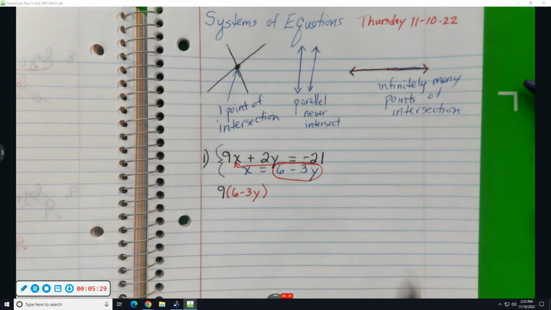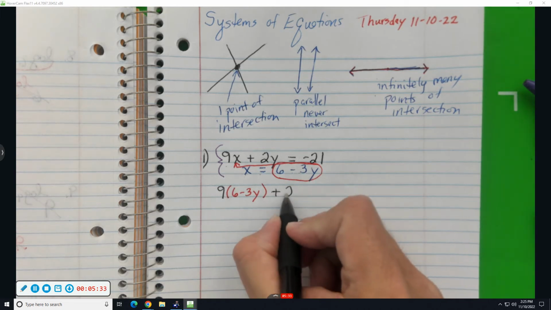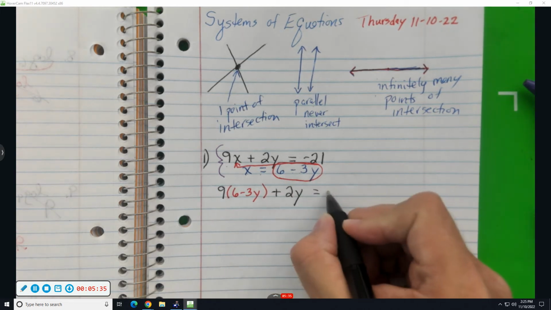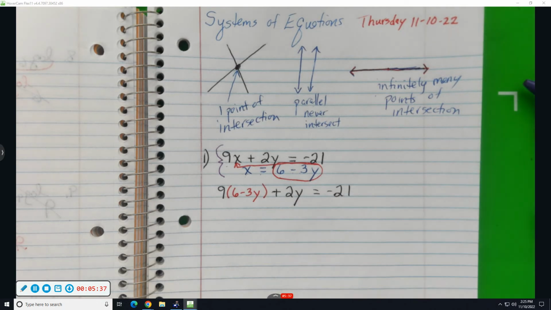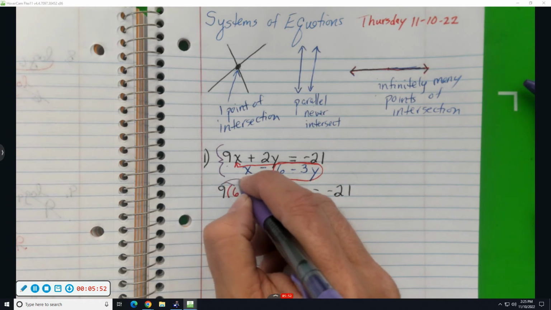We're rewriting two equations with two variables as just one equation with just one variable. Notice we now no longer have any x's, just y. And this is a linear equation. So how do we solve a linear equation? Well, I'll distribute the 9.